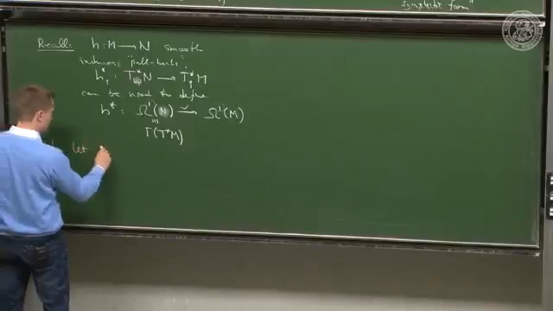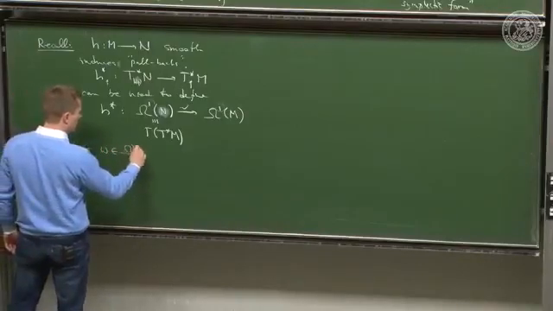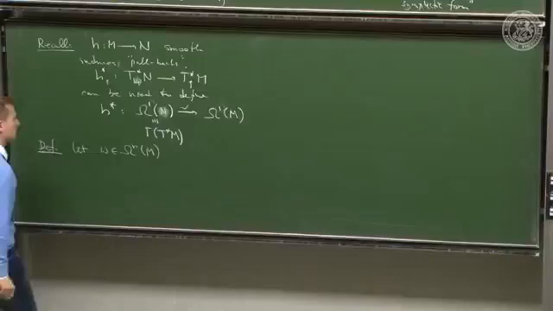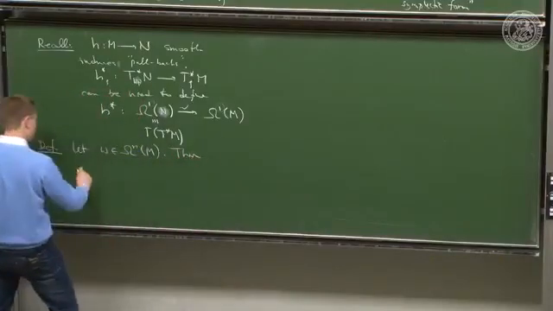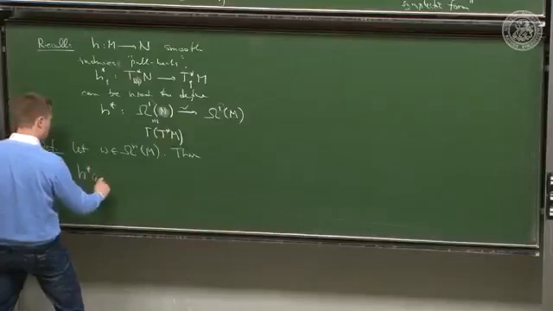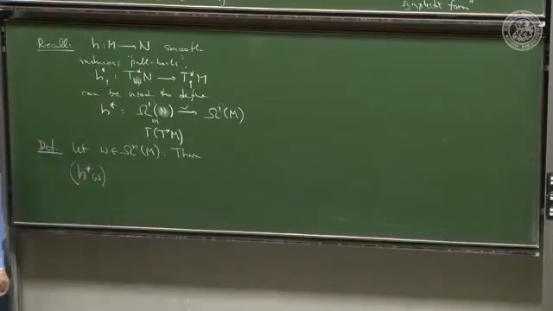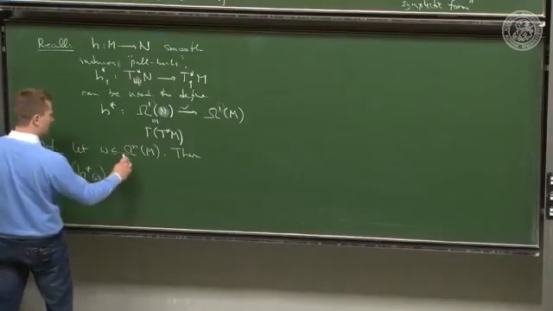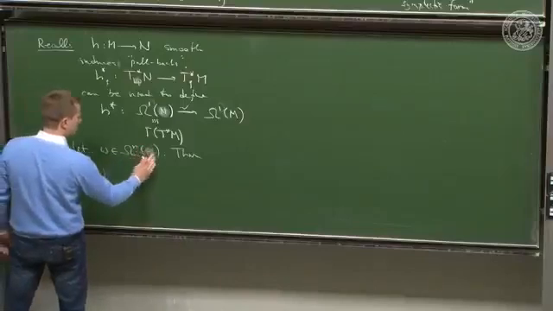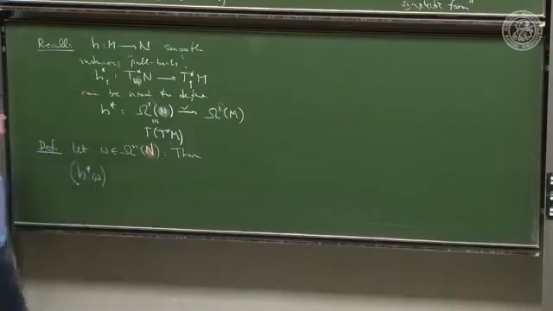Let omega be an n form. Then we want to define the pullback of that n form instead of a one form. And how do we define this? Well, this is again on N, because we pull back.